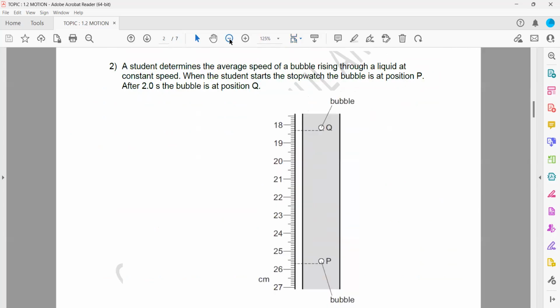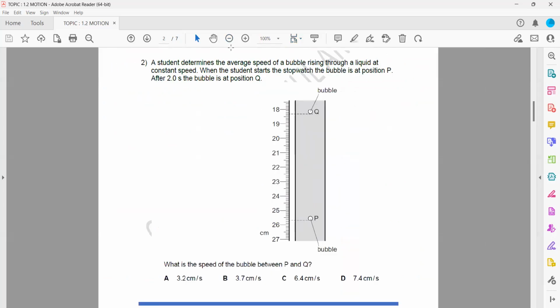In question 2, a student is finding the average speed of a bubble rising through a liquid. After 2 seconds, the bubble reaches point Q. Moving from point P to Q, first we'll find how much distance it covers. This value is 25.7 and this one is 18.3.